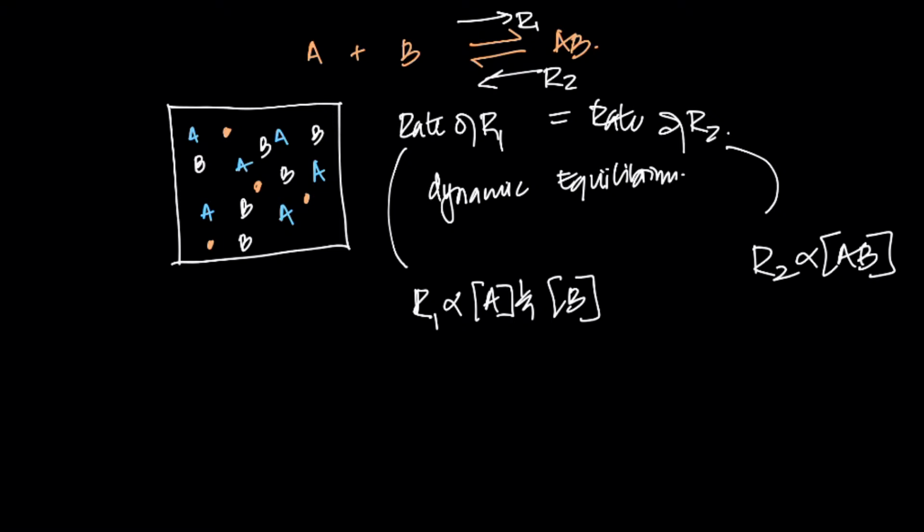Now, what if I suddenly say, you know what, Bilal, you have this equilibrium going on for days. Nothing is changing. So what if we add some more A's around here. Look at my green. I'm suddenly throwing in a lot of A's. Screw your equilibrium.